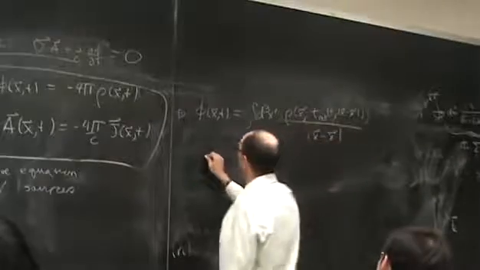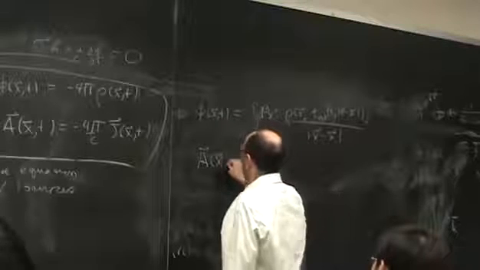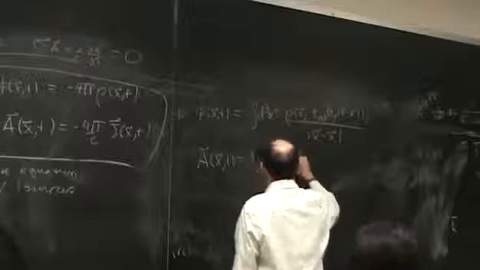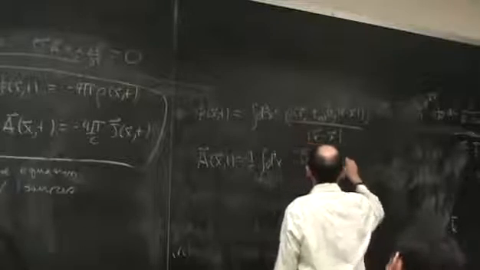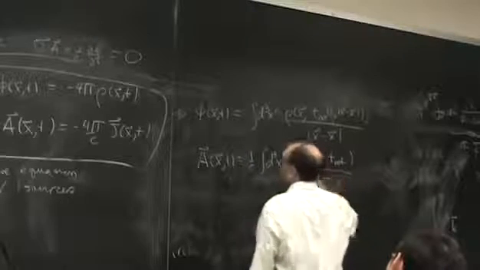And the vector potential is the same kind of integral over the current density at the retarded time. And that's it.